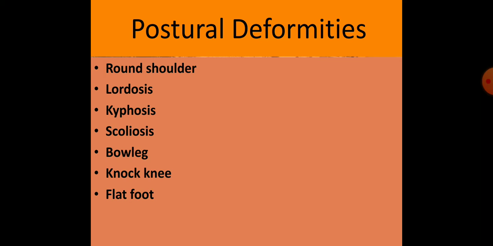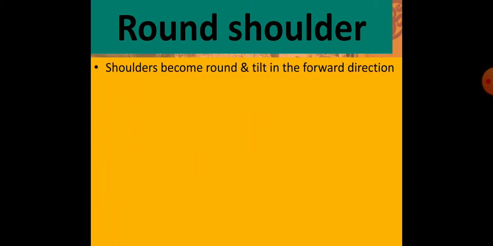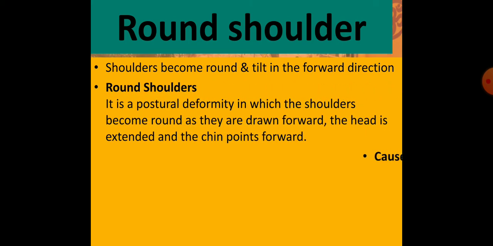Now we will discuss the postural deformities in detail. We will show you pictures of all the postural deformities and their remedial measures. First is round shoulder. As the name suggests, the shoulders become round and tilt in the forward direction.